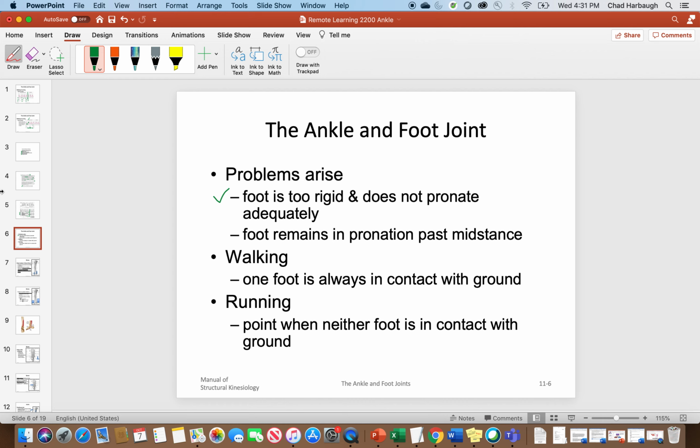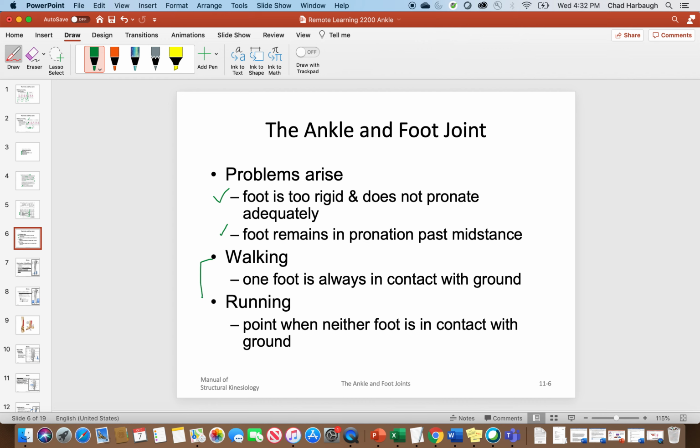We also see that transition at mid stance before pre-swing. They tend to stick in a pronated position, where we should actually see, going from mid stance to pre-swing, the individual moving into supination, which is plantar flexion, adduction, and inversion.